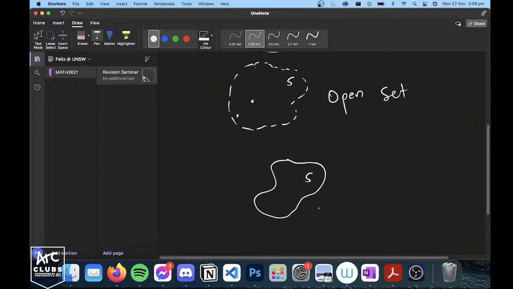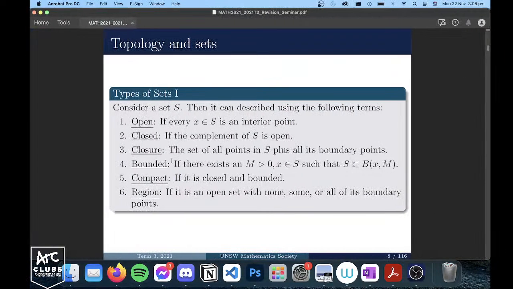S. The complement of this set S is everything that's on the outside, like here, as well as this dotted line that doesn't include these boundary points here. And because this set is open, because all of these points are interior points, that means the set S must be closed.